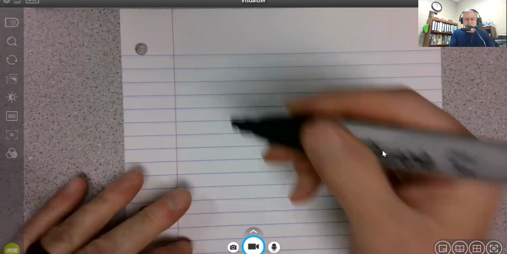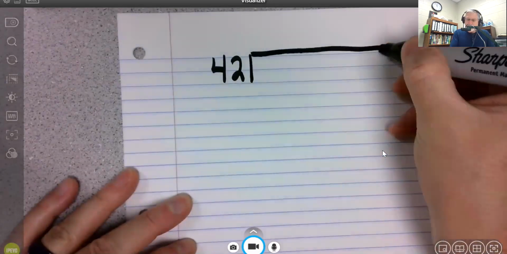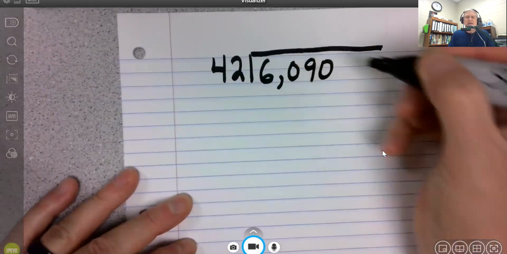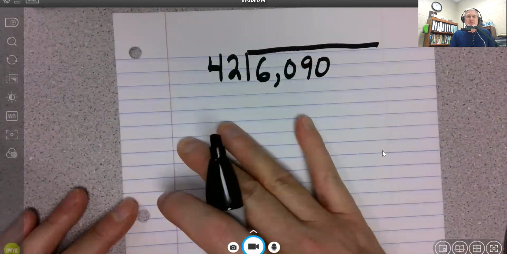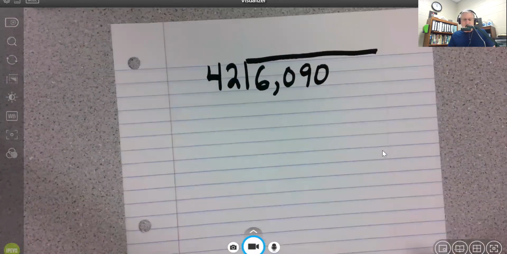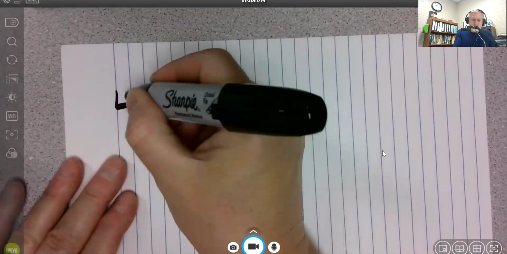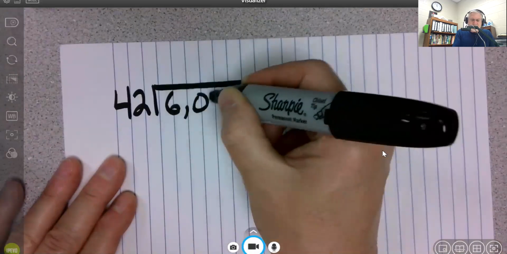Okay, so in this case, I'm going to do a problem, and it's going to have 42 divided into 6,090. Instead of making a big rectangle, I am going to rewrite this: 42, 6,090.